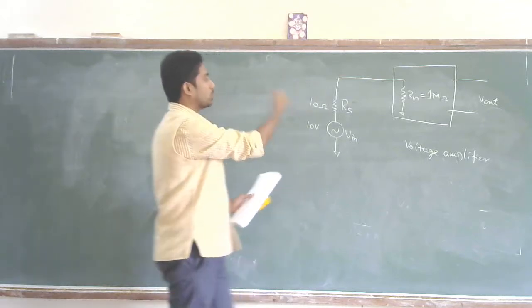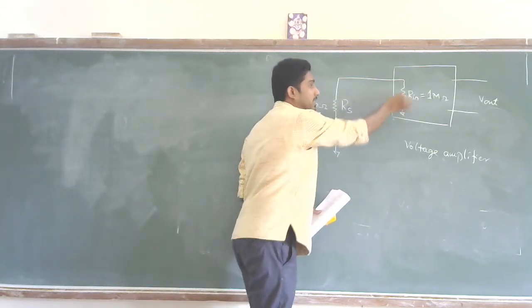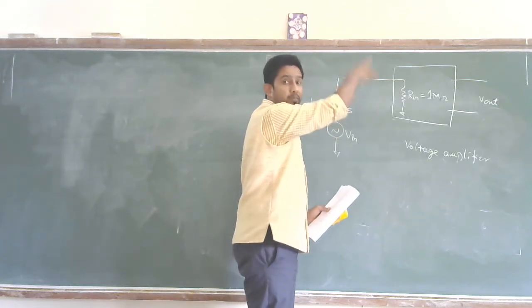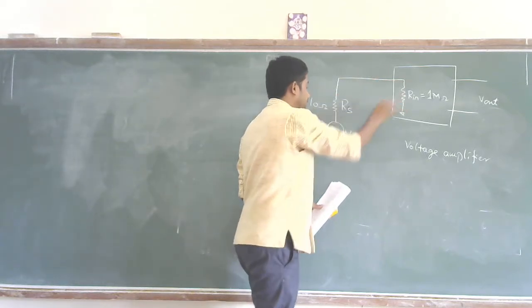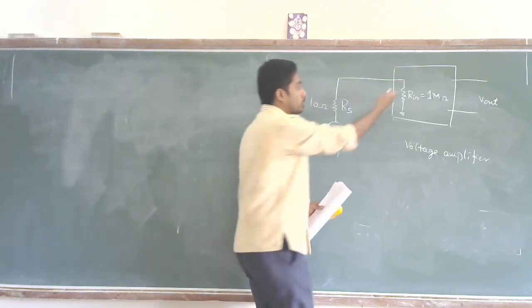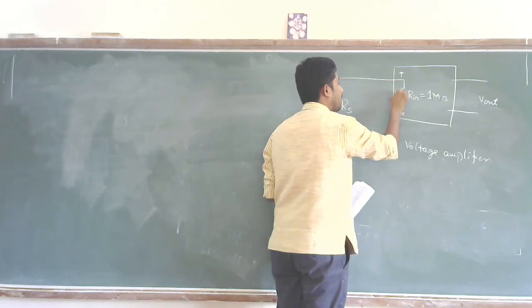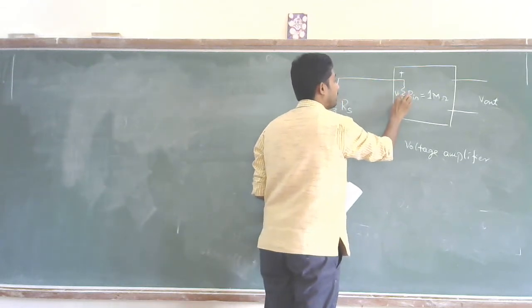So if I want to understand what voltage is exactly entering my amplifier, let me consider this as Vs, that is the V source. My input voltage will be across Rin.